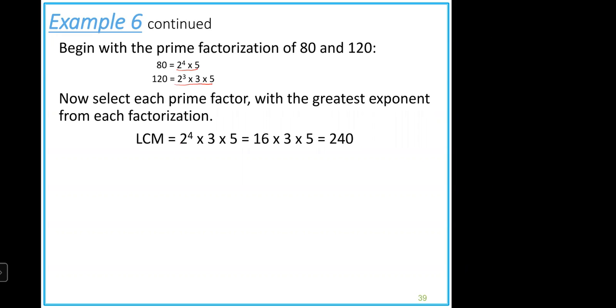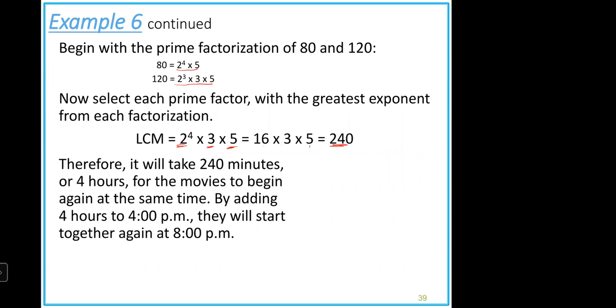The highest power of 2 is 2 to the 4th. The highest power of 3 is 3 to the 1st, and the highest power of 5 is 5 to the 1st. When you multiply that out, you get 16 times 3 times 5, which is 240. Therefore it will take 240 minutes, or 4 hours, for the movies to begin again at the same time. By adding 4 hours to 4 p.m., they'll begin again at 8.